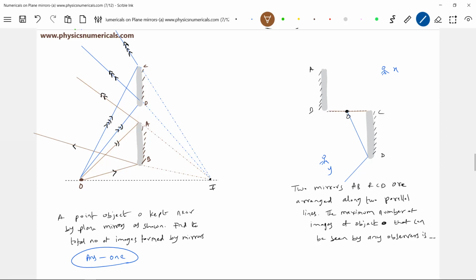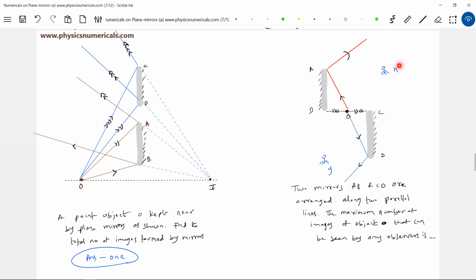Similarly, the ray incident at this point. So what are these? These are the field of view. The rays emitted by this object can reach this person.